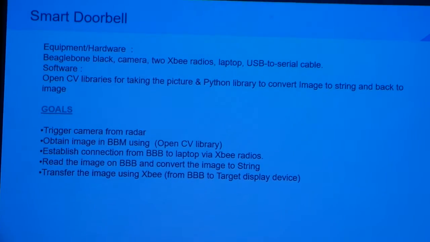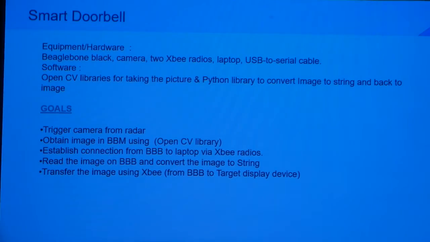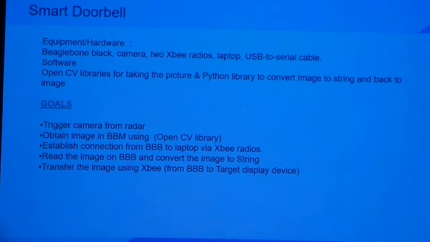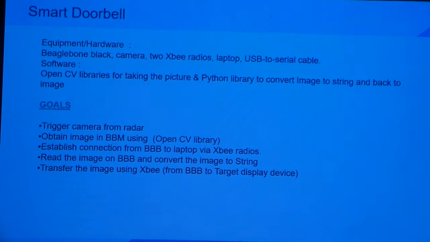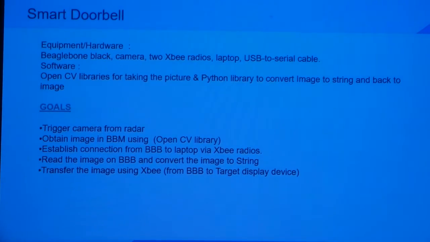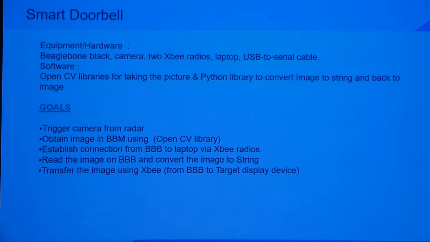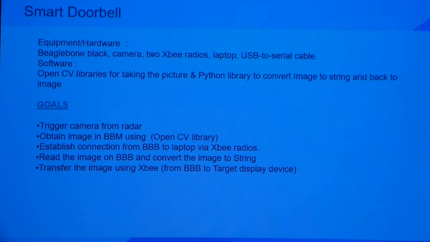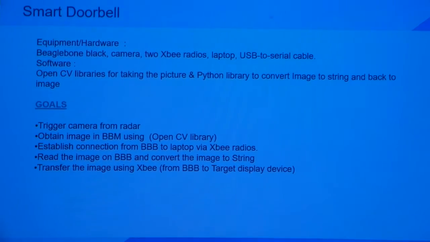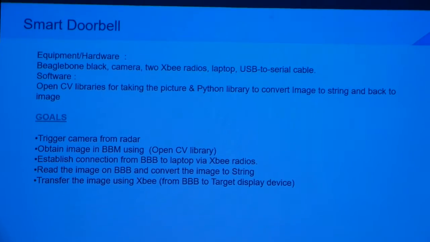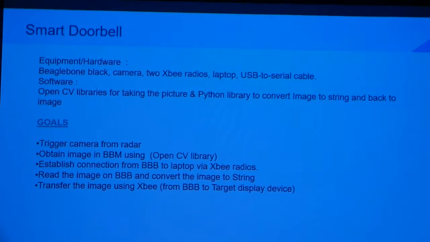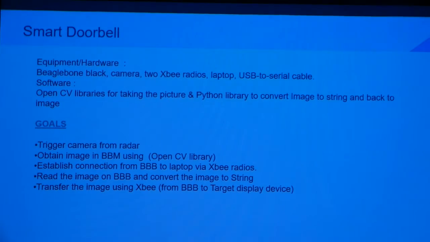So the goals are, again, as I sort of hinted already, to trigger a camera upon a detect signal from a radar, to obtain an image on the BeagleBone Black and save that using the OpenCV library.